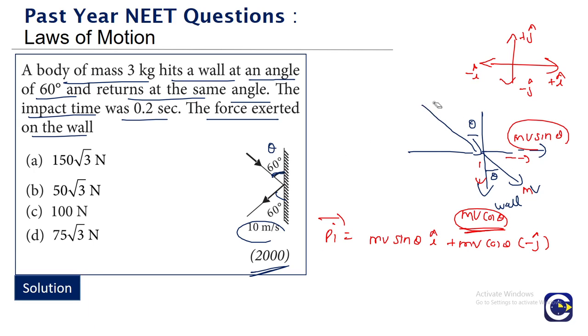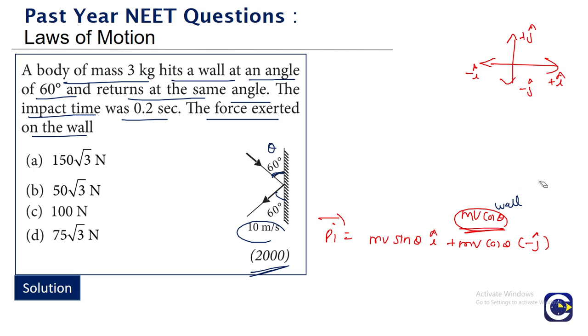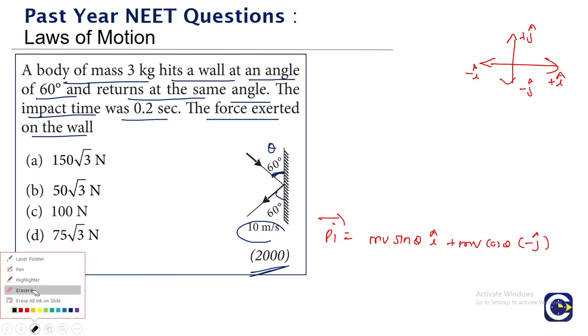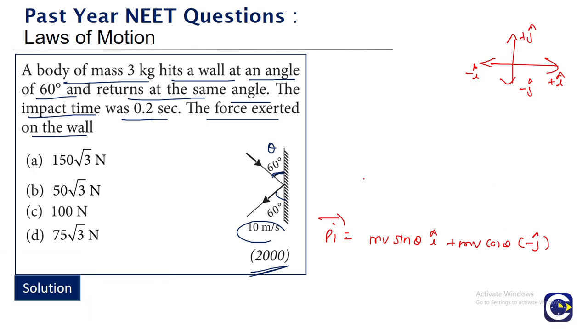So final momentum has to be with the final velocity. The direction is already indicated clearly. We'll have the wall over here, and this is the normal. The final velocity is in this direction. Here the angle is theta. If you take the components, this is the final momentum, same value.